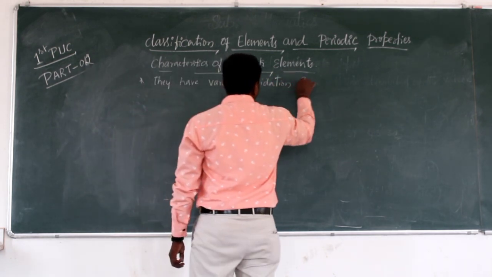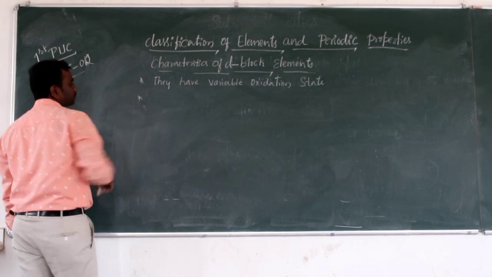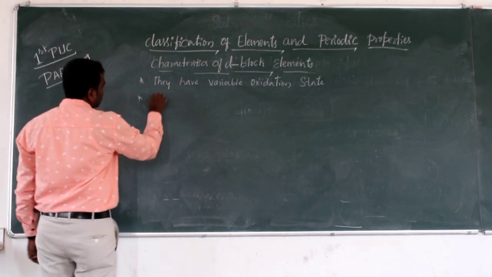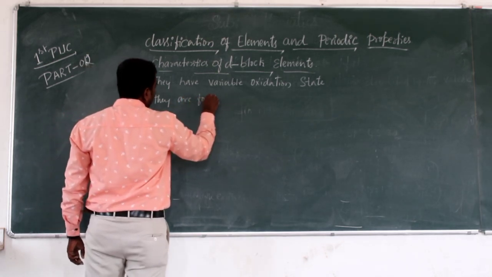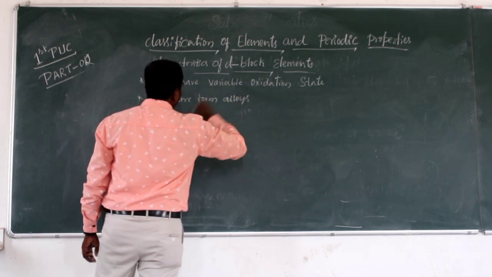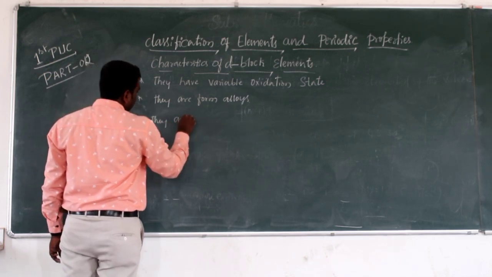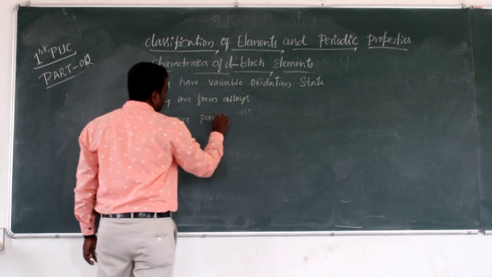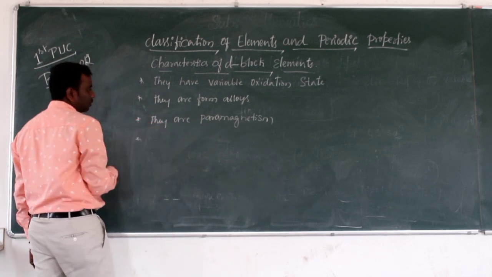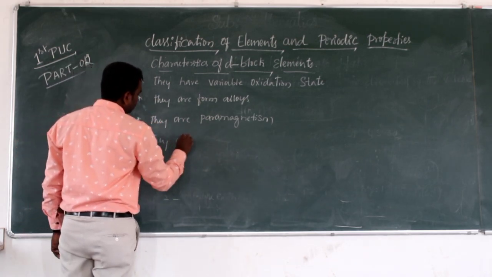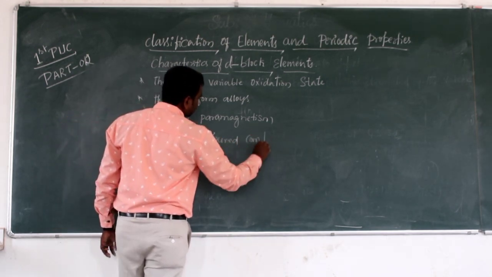Second, they form alloys. They show paramagnetism. They form colored compounds.